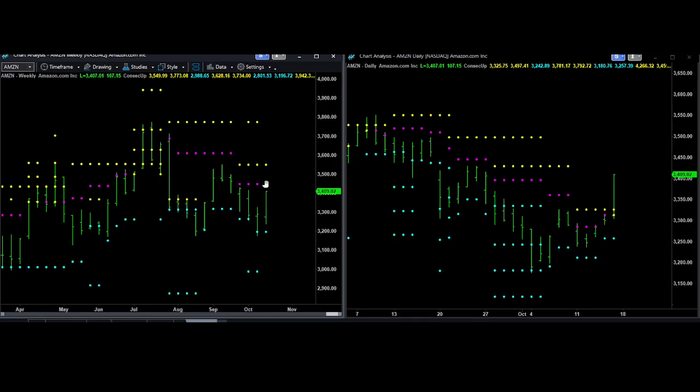That's another level of resistance, $3,448. This purple resistance dotted point was already generated. You see, this is a weekly chart, so that means this week.